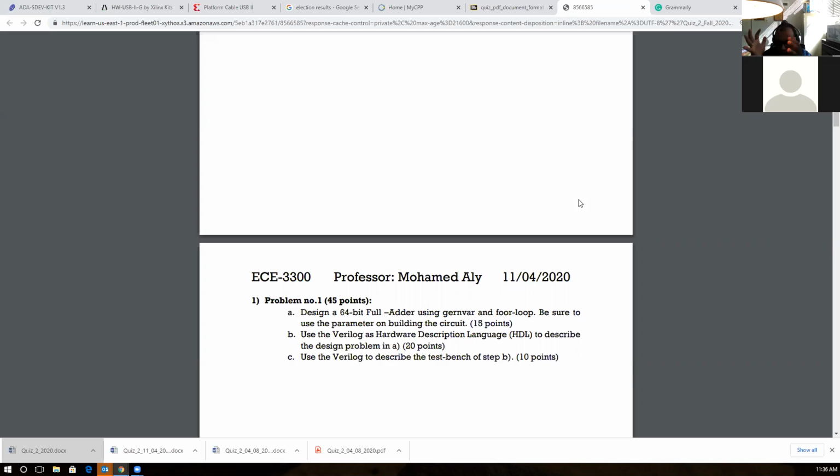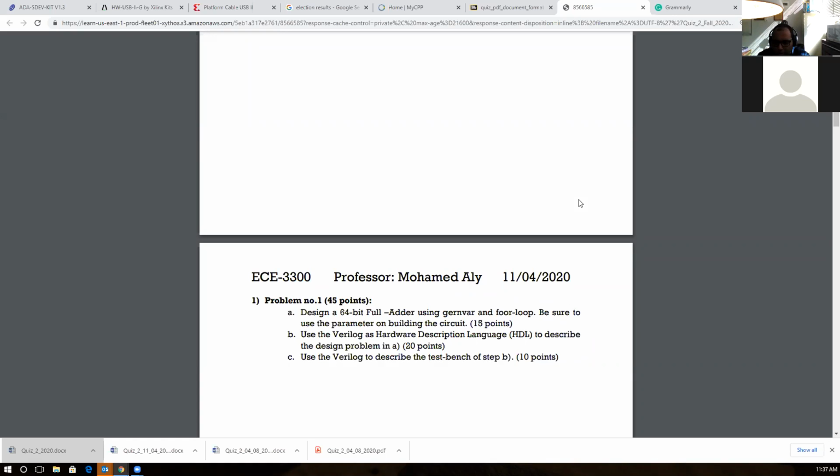That means you design a 1-bit full adder, like in 2300, put the blocks together, and then write whatever you designed using Verilog as a hardware description language. Then you're going to make a test bench for this. So is question number 1 clear?